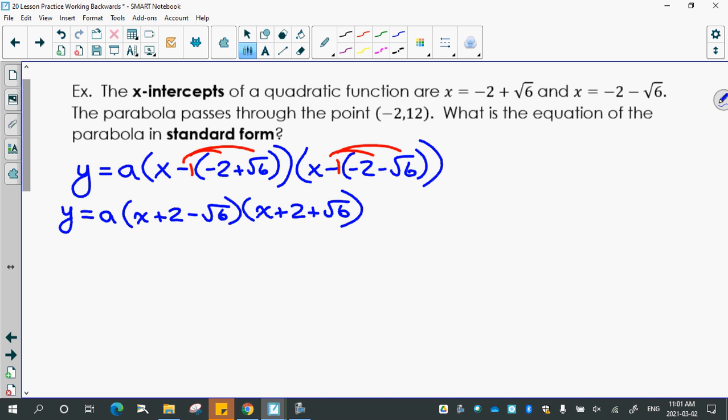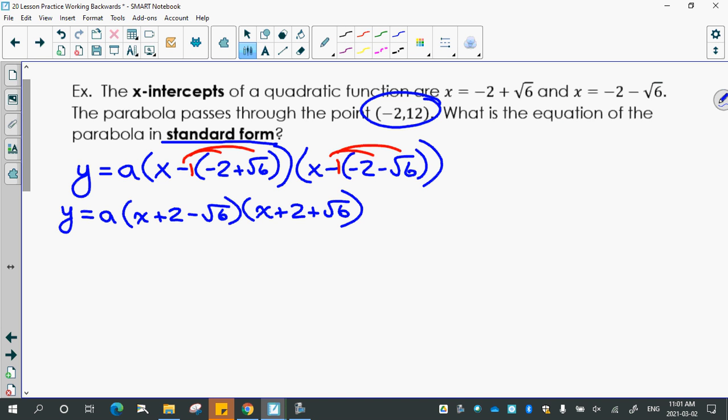So that's my intercept form, which isn't very pretty, and that's why they want it in standard form. Everyone see that's intercept form except we don't know A, right? So they have to give us a way to find A. What did they give us in order to be able to find A? X and Y. They give me a point, right?